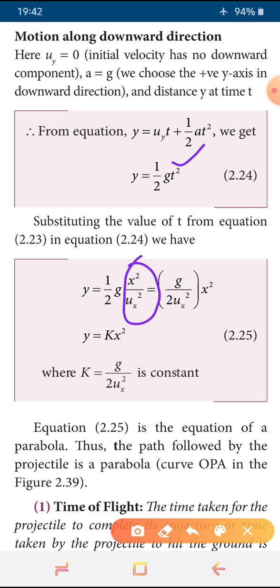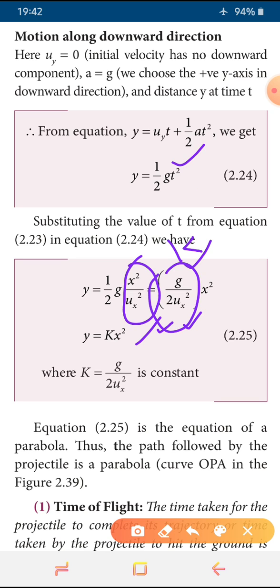Here we take the constants separately: g is constant, gravity is constant, ux is constant, because the horizontal velocity is always constant from the starting point to the ending point. These terms are constant, so we can take the constant as k.